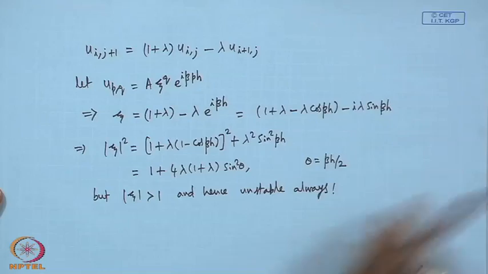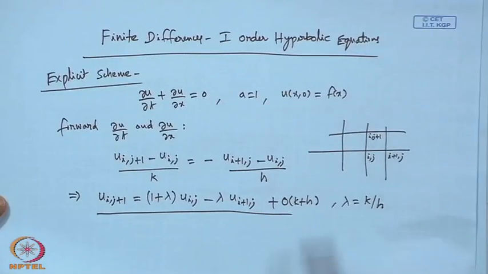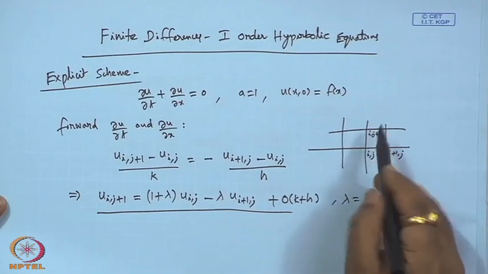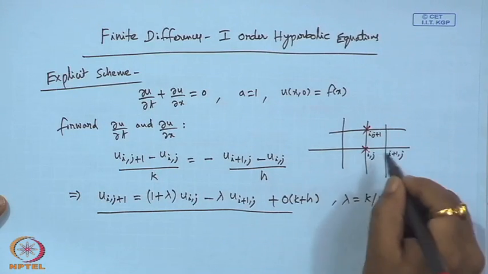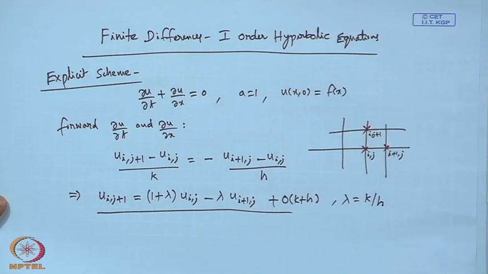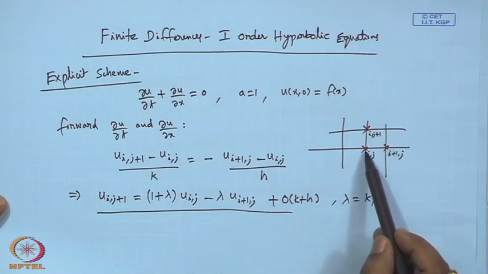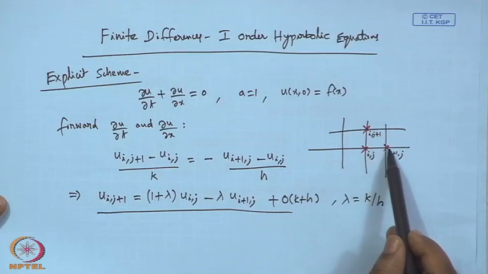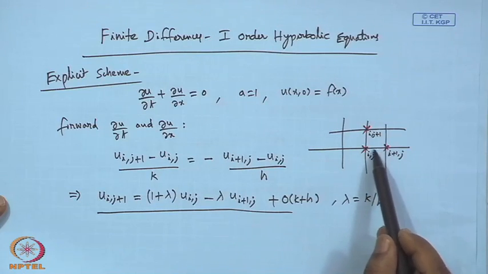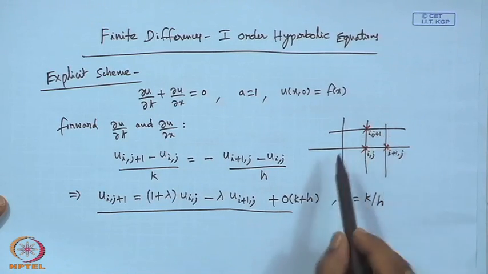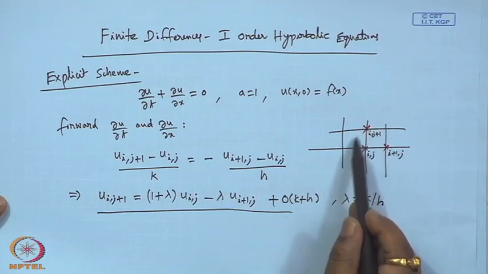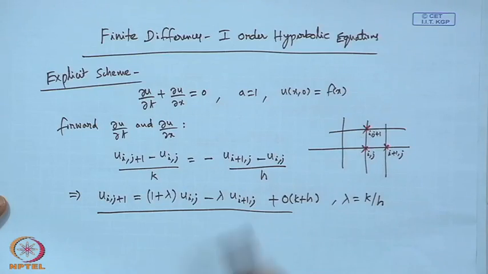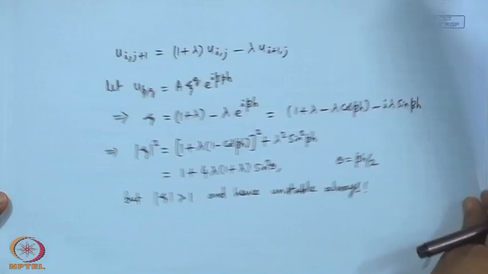There is a suitable explanation for this behavior. What is happening in this method, as I mentioned, is an important observation. To compute the value at this point, it is asking only for these points. That means if the initial data is changed here, this is getting affected. However, if there are some changes here, then this is not realized.